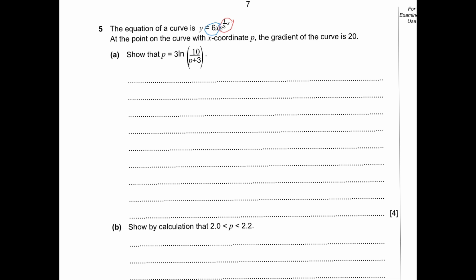Okay, so let's have it. I'm having y is equal to 6x e to the power of 1/3 x. So if I differentiate that by parts, what am I going to have? Using the notation f prime x, if I start differentiating 6x, that will give me 6.